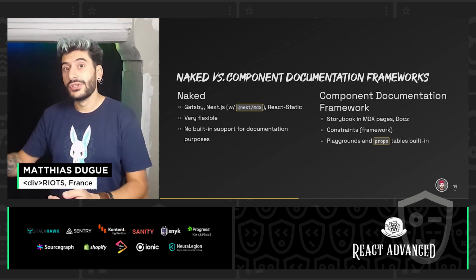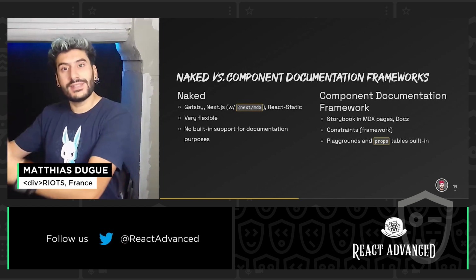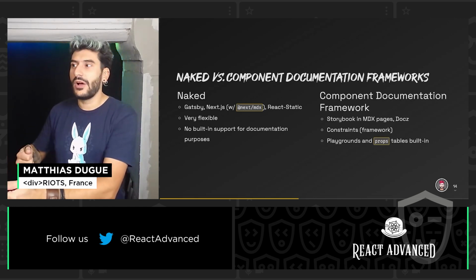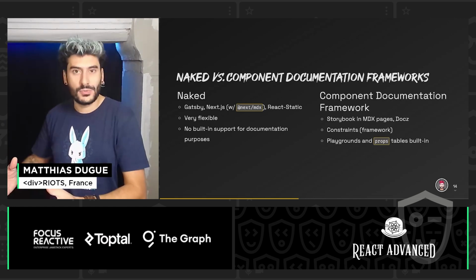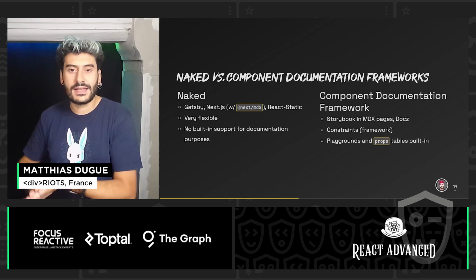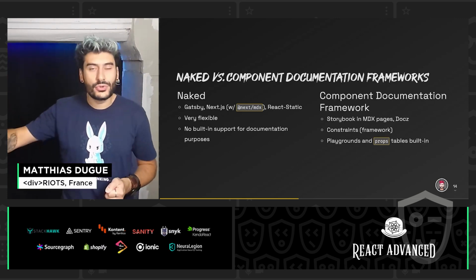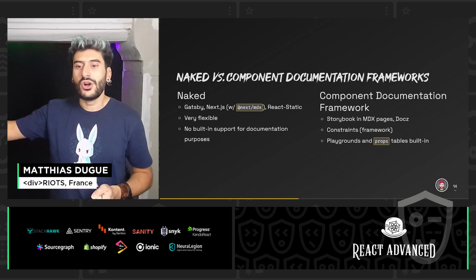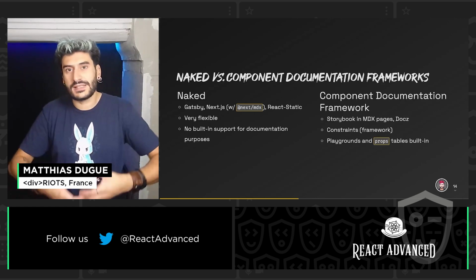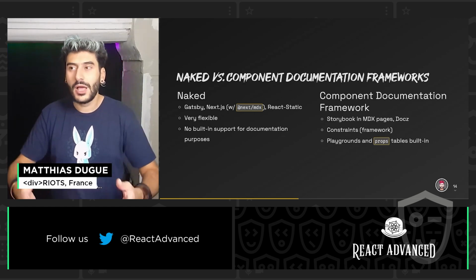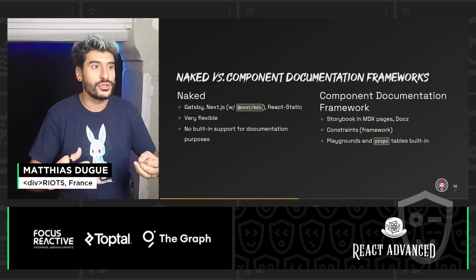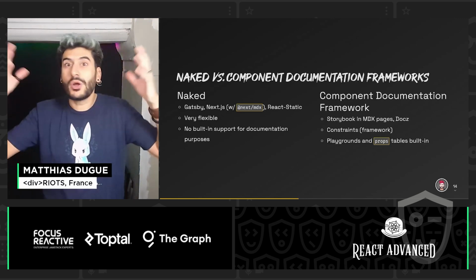On the other hand, you have documentation-oriented solutions that embed MDX at first and that provide any tools that you need to build your documentation with proper layouts, proper props tables, proper playgrounds, and so on. This is a solution like Storybook with native support of MDX pages, or Docusaurus. It comes with more constraints because this is a documentation framework, but this is really useful if what you are looking for is producing documentation and not just producing Markdown with components in it.